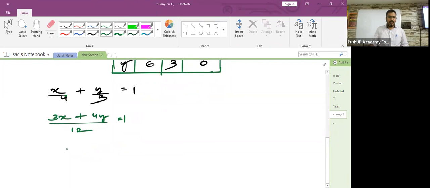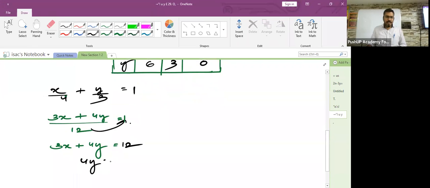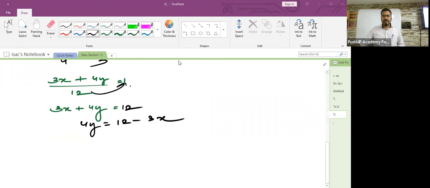Now, 3x plus 4y is equal to, let's cross multiply 12 towards the right hand side. It becomes 12 into 1, which is 12. I'll simplify this: 4y is equal to 12 minus 3x. Therefore, y is equal to 12 minus 3x whole divided by 4.